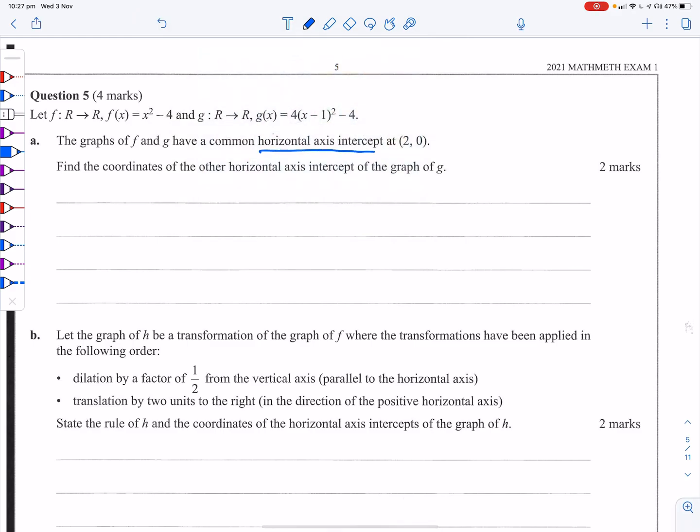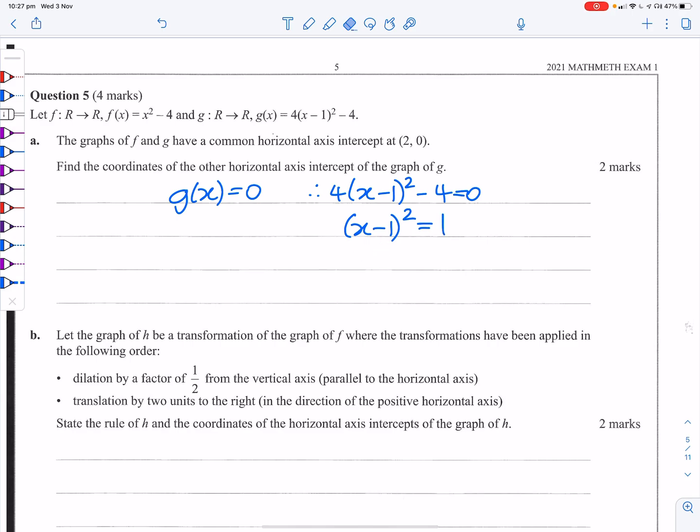These two graphs have a common horizontal x-axis intercept, 2, 0. It says find the coordinates of the other horizontal axis intercept of the graph of G. So we know one of them is 2, 0. We can say g of x is equal to 0. Therefore, 4 times x minus 1 squared minus 4 is 0. We can bring the 4 to the other side and divide by 4. X minus 1 squared is equal to 1.